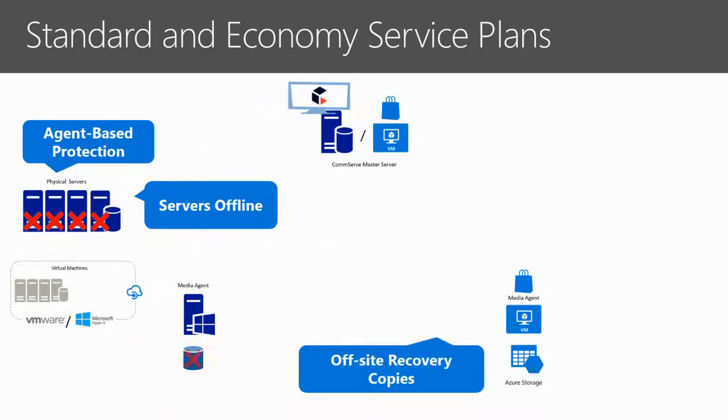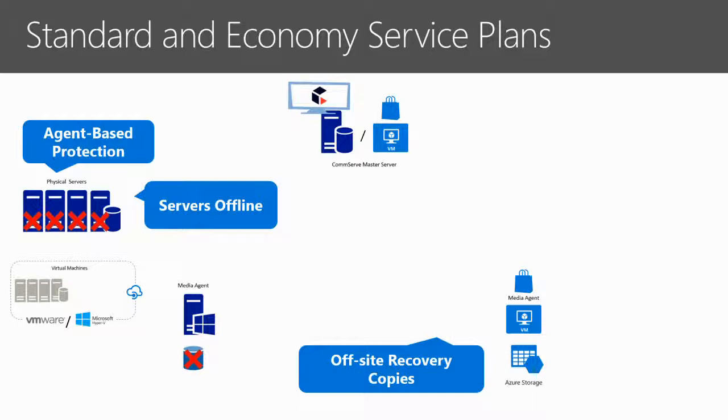From the off-site recovery scenario, let's say the copy of data I need to access is expired on the local disk, that local copy. Or for whatever reason, whether it was a power spike that took out my physical servers, maybe it took out my backup server as well, what we'd call a media agent in CommVault terminology. Now you have the capability, and it's completely automatic.